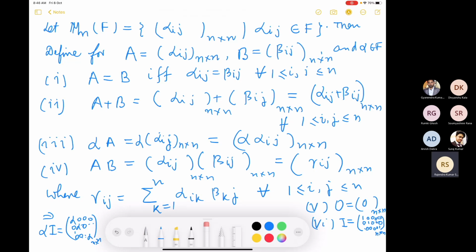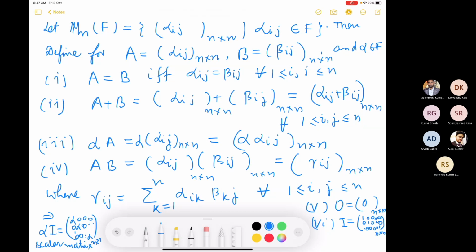This is called a scalar matrix. So various names are given depending on that. This is called the identity matrix, this is called a scalar matrix, and if the diagonal entries are lambda 1, lambda 2, up to lambda n, and all other entries are 0, in that case this is called a diagonal matrix.